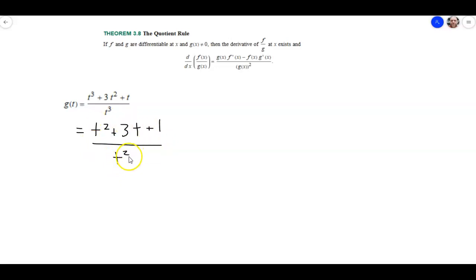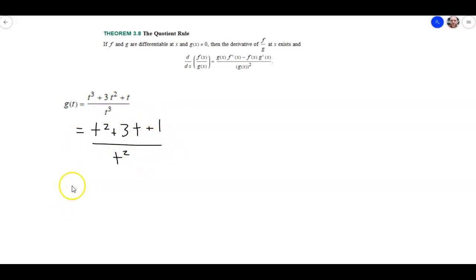Now I can set this up as a division, a quotient rule, and this is also a good candidate for a chain rule, which we're going to be looking at I believe next section or in a couple of sections here. But for now, since we only know the quotient rule, let's use that.